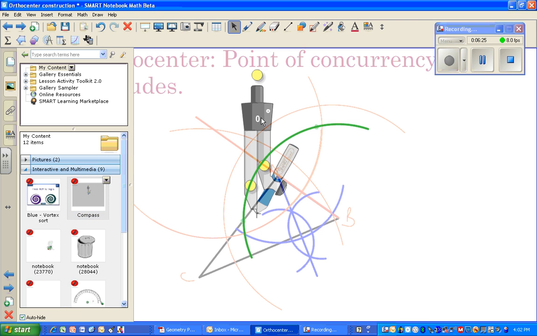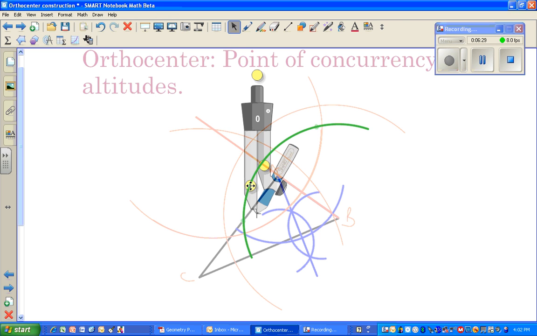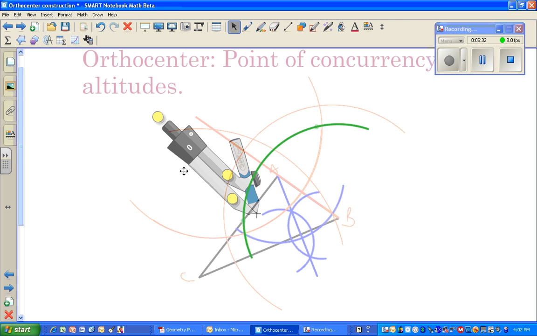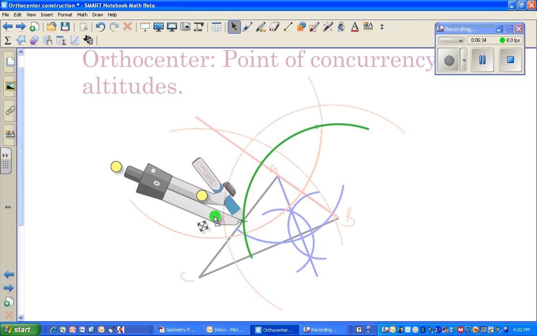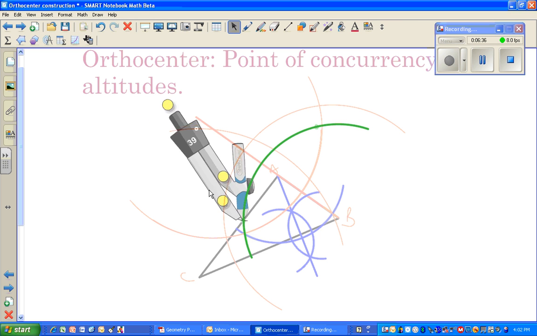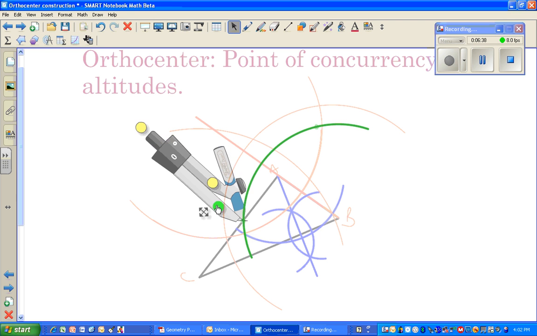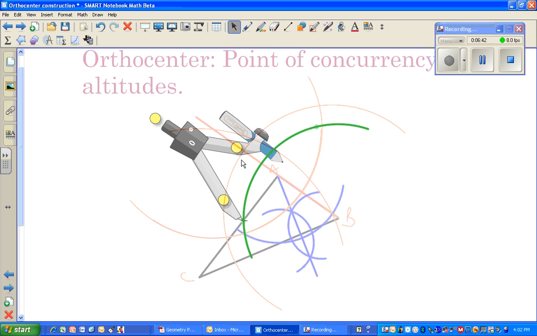So I'm going to take my compass. I'm going to pivot on one side of my smile. Swing an arc, clearly more than halfway the length of that segment.